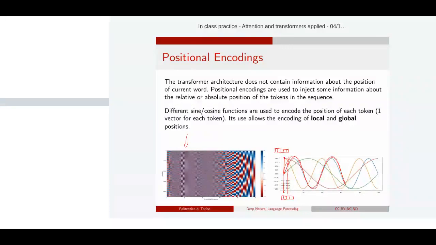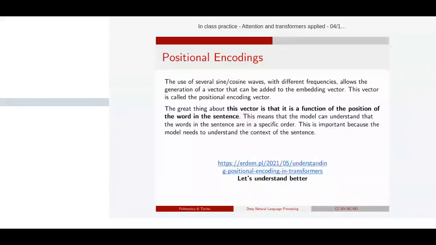Is it clear? No? I don't know if I can go to this link. What I want to show you is that using sine and cosine waves at different frequencies, I can encode the information about the locality in a given cell. So let's consider we have a single sine wave.